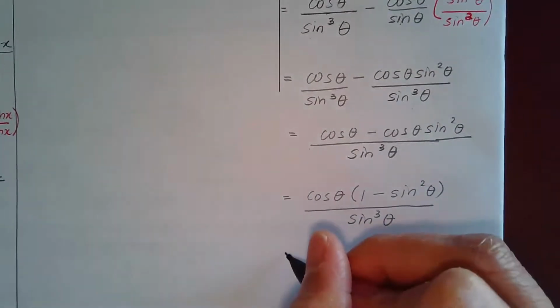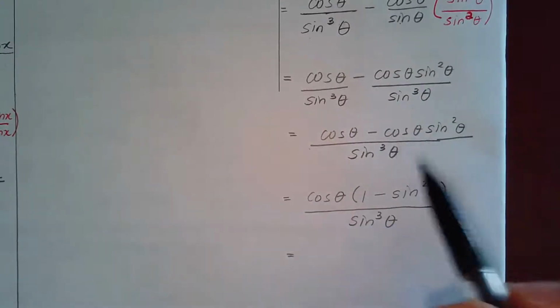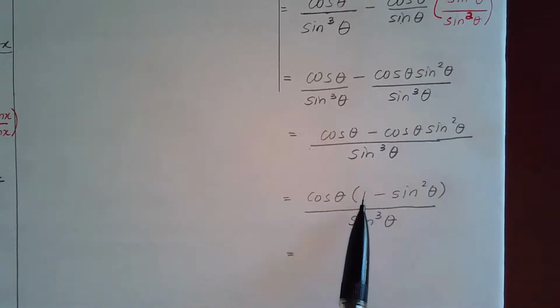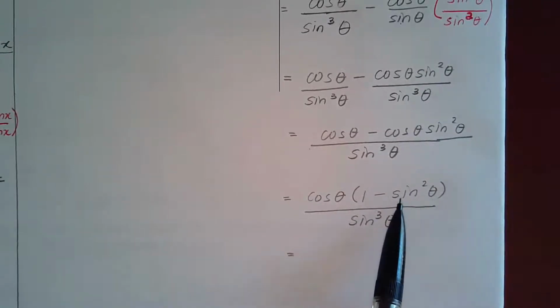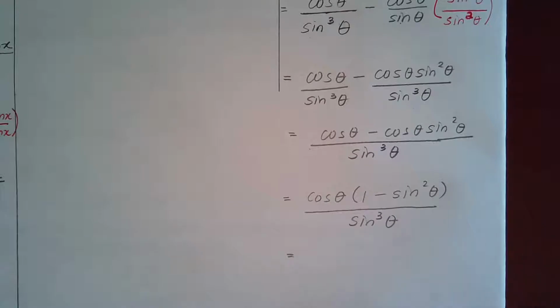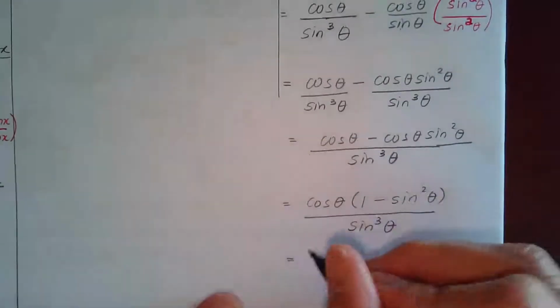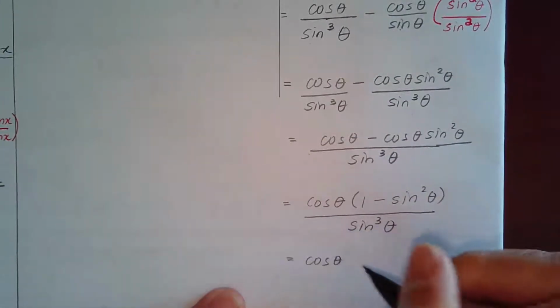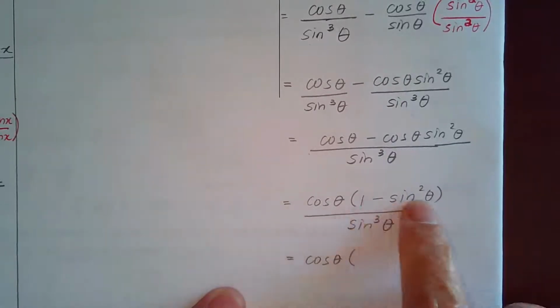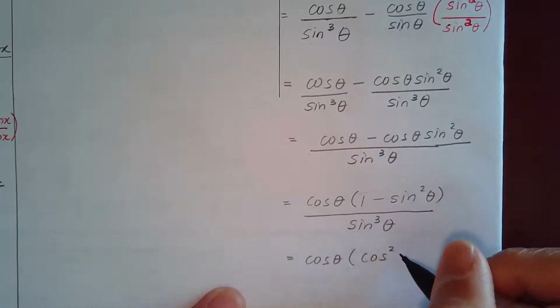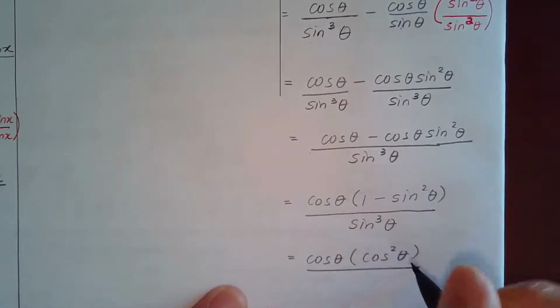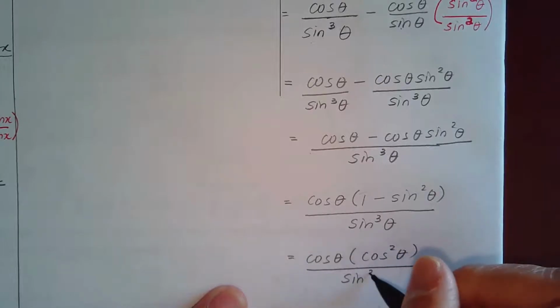Okay, so what do we do next? We probably realize, oh, 1 minus sine squared theta, that's one of the Pythagorean trig identities. That's the same thing as cos squared theta. So this is cos theta times cos squared theta over sine cubed theta.